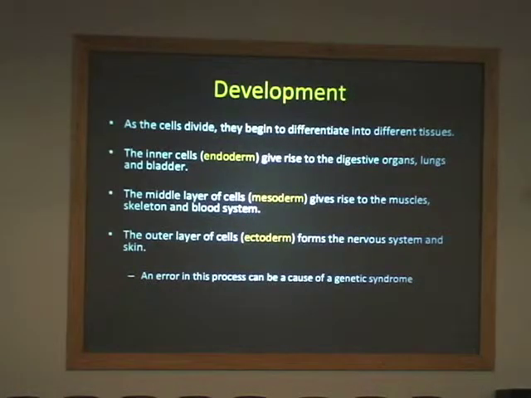At the very beginning, the inner cells are called the endoderm, and they give rise to the digestive organs, the lungs, and the bladder. And then the middle cells are called the mesoderm, and they give rise to the muscles, the skeleton, and the blood. And then there's the outer cells, which are the ectoderm, and they give rise to the nervous system and the skin. So any little error that happened during that very, very complex process could lead to the development of a syndrome.